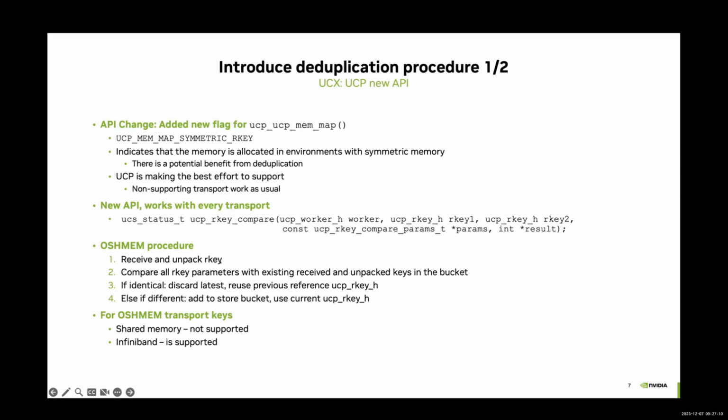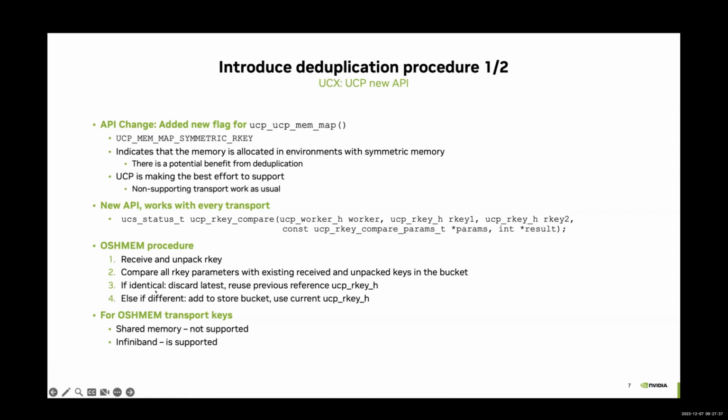This happens in shmem_init, and once we have received all of the keys, we start populating some kind of a table. During the population of the table, we compare the next rkey being added to the previously existing remote keys that are already added into that table.